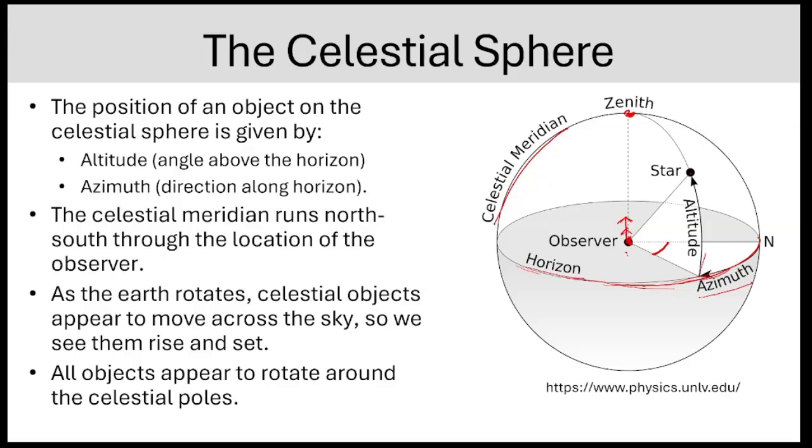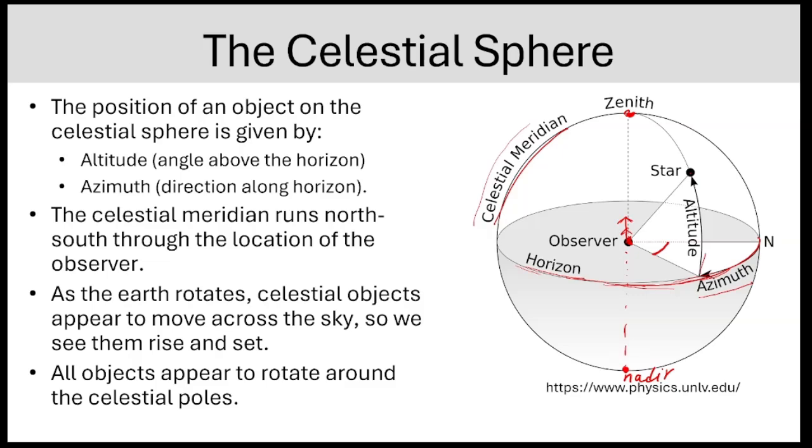We also have a point called nadir at the bottom, on the opposite side of the zenith, covered by this meridian circle.